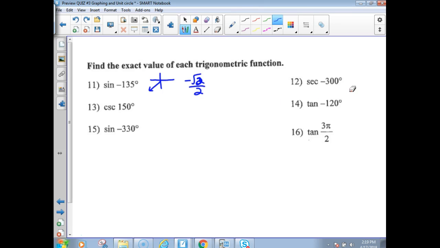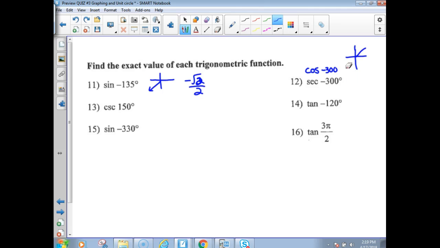Okay, 12. Secant of negative 300. What I would think about is what is the cosine at negative 300? You want to think about where that might be. Positive 300 is in quadrant 4. Negative 300 is in quadrant 1. Negative 180, negative 270, negative 300 would be in here.